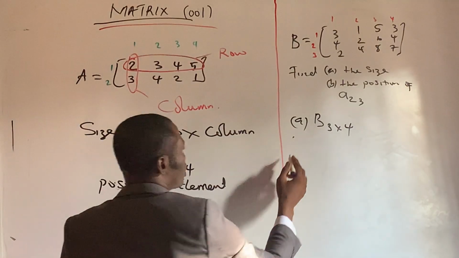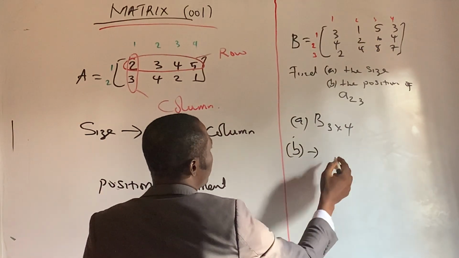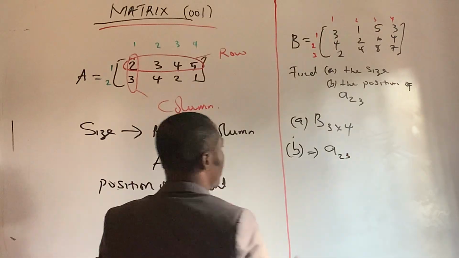But to find the position, that is B, to find the position A23, what do we do?